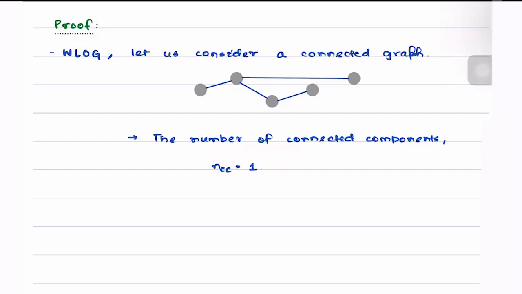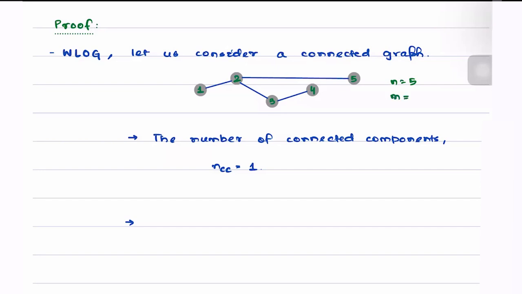The second important thing that we can conclude is, what can we say about the number of edges in the graph? So let's look at the graph a bit more closely. Let's number the vertices 1 to 5. So n here is equal to 5.